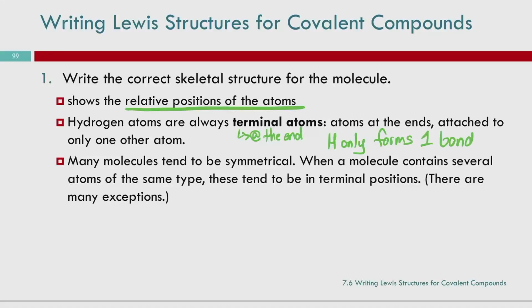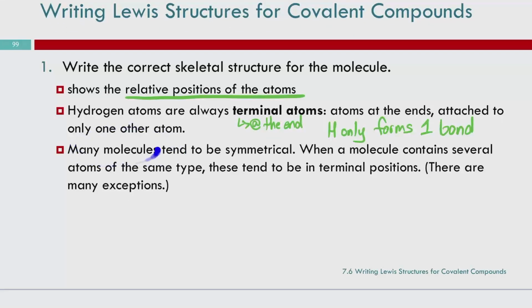Ever. Mostly. Probably always 1, except sometimes when it's 2. But for us, 1. Only 1. Hydrogen can only form 1 bond. If you can only bond to one thing, then it has to be at the end, regardless of where you put it.